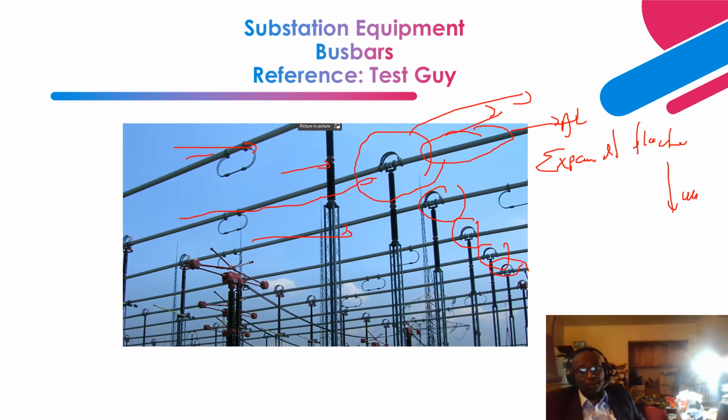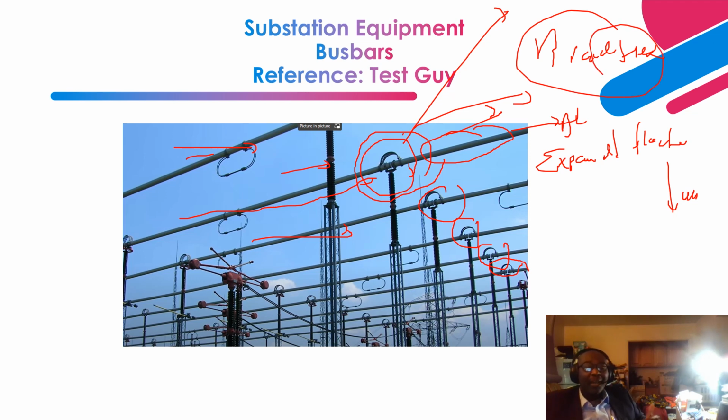So if you have a single rigid conductor running across the straight length of the substation, what is going to happen? Also, if you have a short circuit condition, it is going to bend and break. So this flexible connection, they call it a braided link, or braided flex link, allows the tubular bars to expand without breaking. And during fault conditions, it doesn't break.